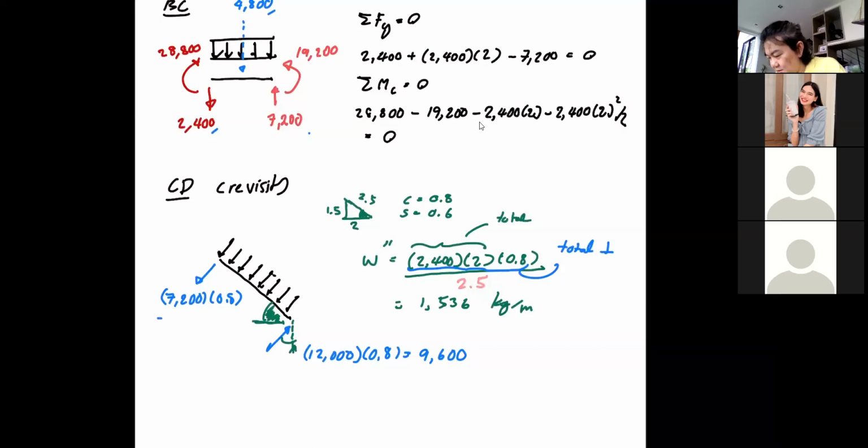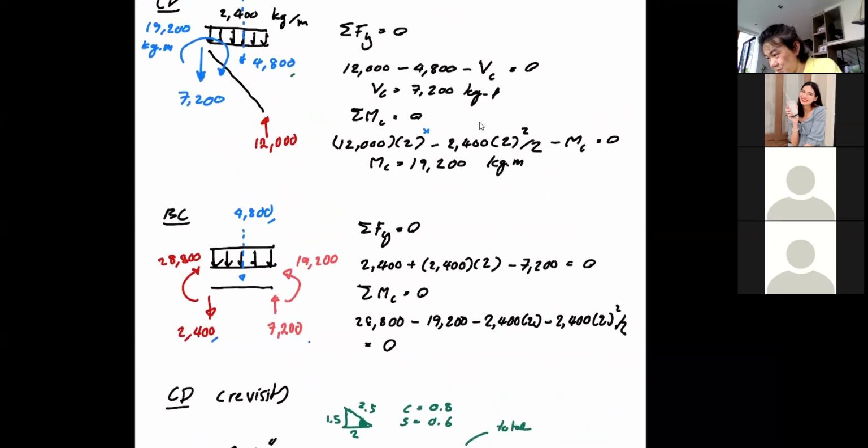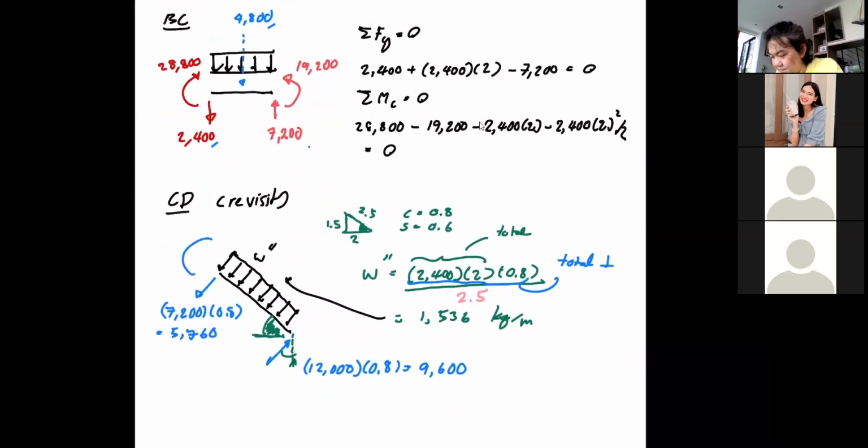So that is 5,760, and this uniform load double prime is equal to that, same. So now we have the complete free body diagram, and don't forget the moment, which remains the same, 19,200. All right, so that's our complete free body diagram.